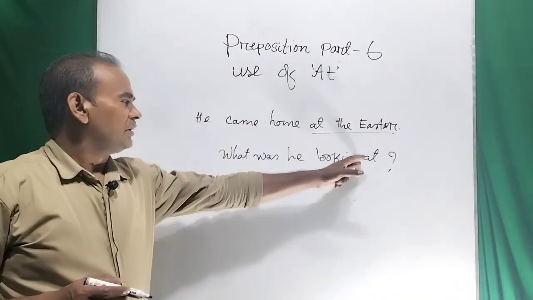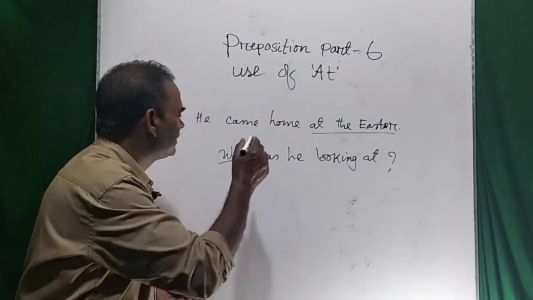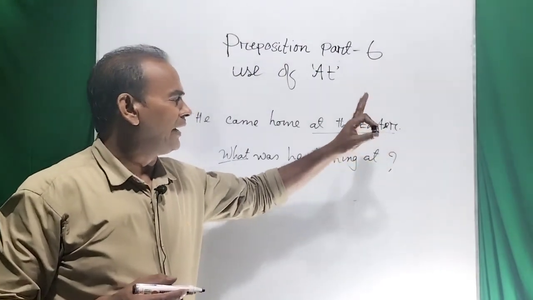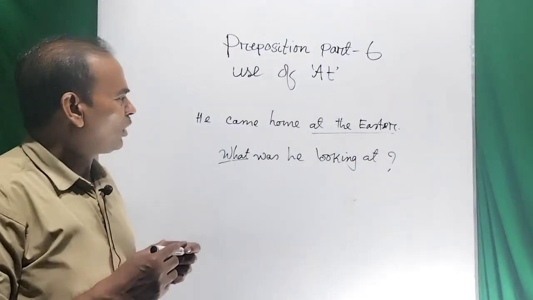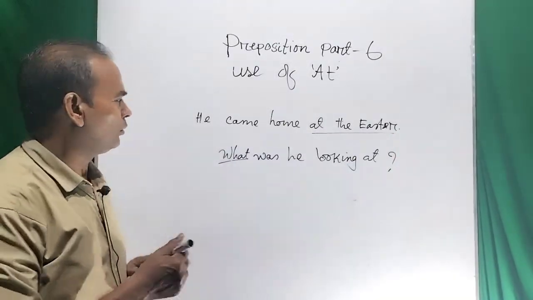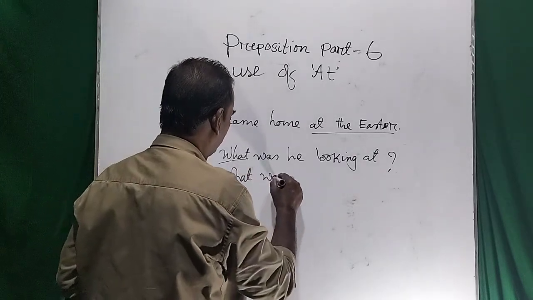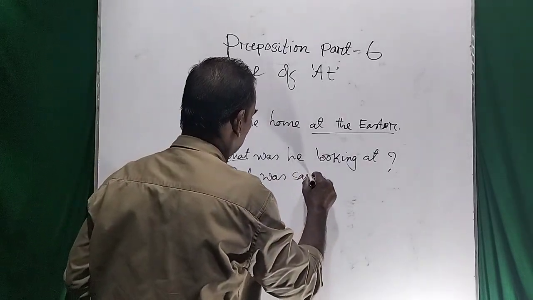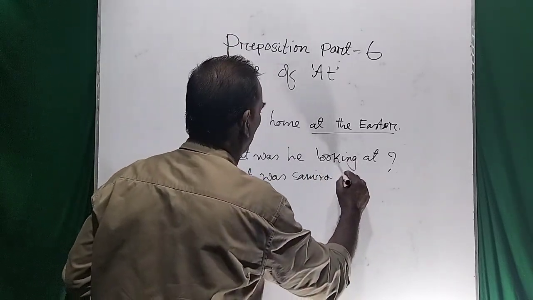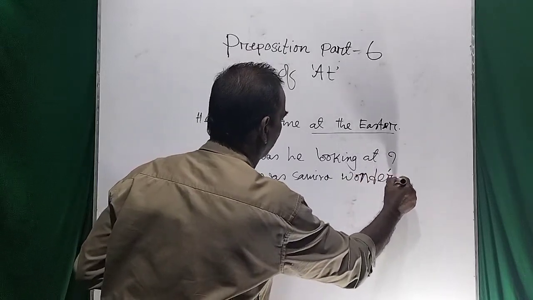This is a question beginning with the WH word what, and the preposition at has been set at the end of the sentence in informal English. What was he looking at? What was Samira wondering at?